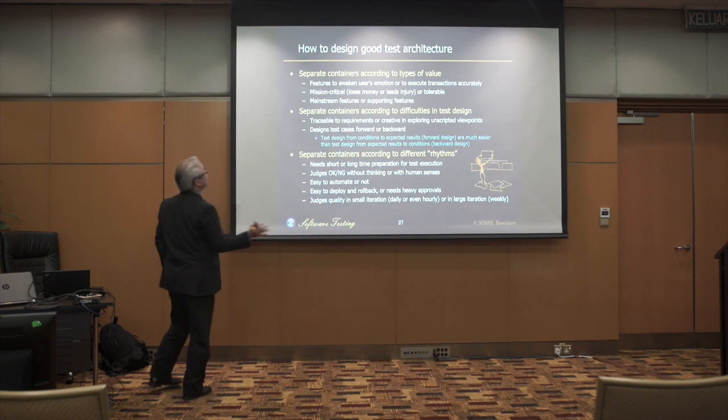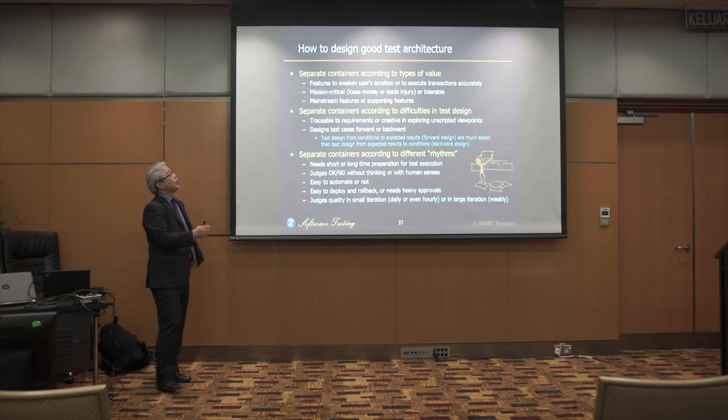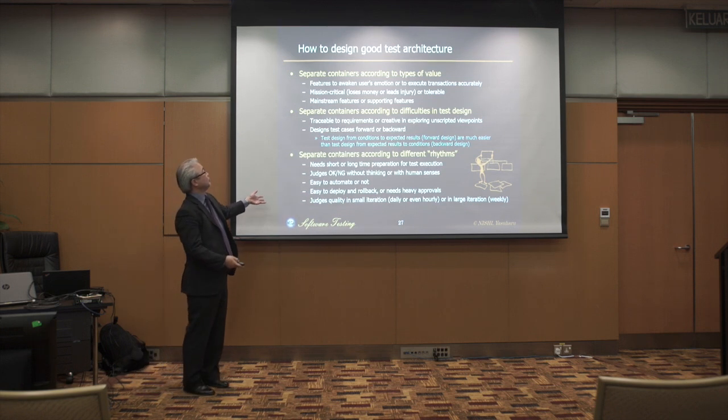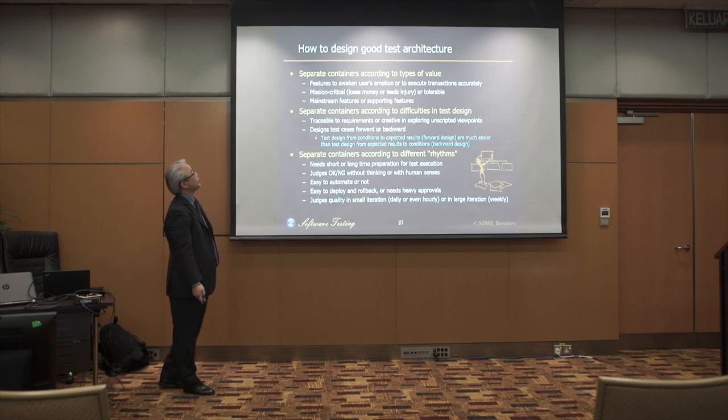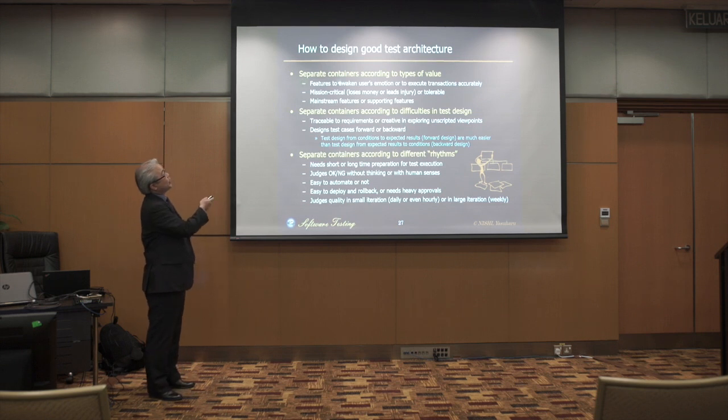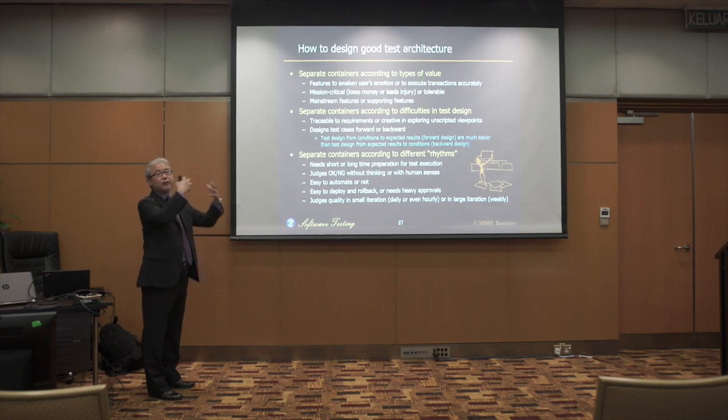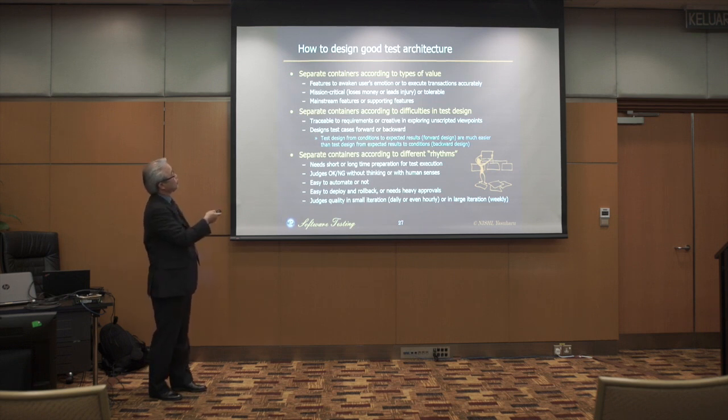Okay. How to design good test architecture? These are principles to design good test architecture. One is to separate containers according to test types of value, mission critical value or user derived value, and so on. Mainstream features or supporting features.